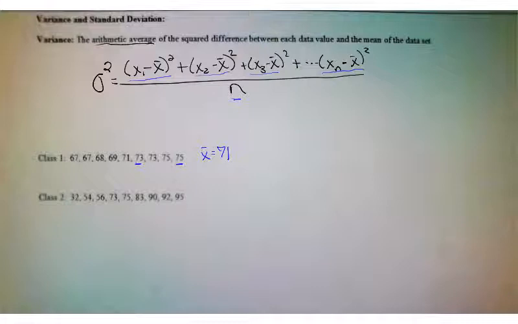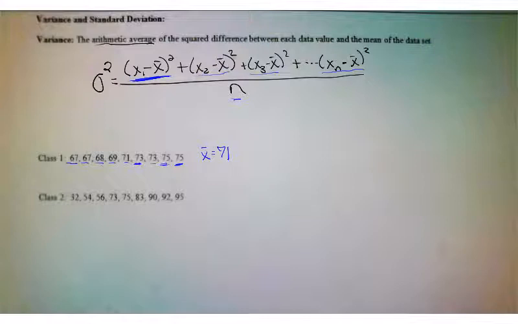Think about how I figured out that this was 2 away. I took 73 minus 71. So that's exactly what we're doing up here when we're saying take the data value and subtract the mean. What we're looking for is how far does each data value live from the mean. So we look at every single data value and how far it lives from the mean, and in order to do that, we subtract the mean from each data value.